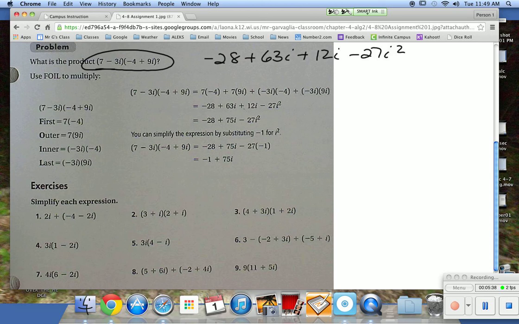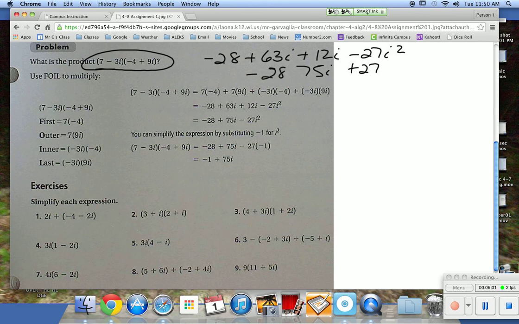What do we know about i squared? What's it equal to? Negative 1, right? So right here, I can change this to a plus 27 because I know that's a negative 1. I can combine my i's and come up with 75i. And I've got my negative 28 here.